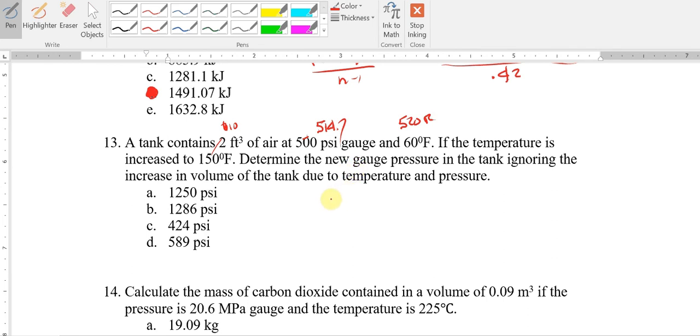So we can actually do that one by P1 V1 T2 equals P2 V2 T1, and since the volumes are both the same, they'll cancel out anyway.